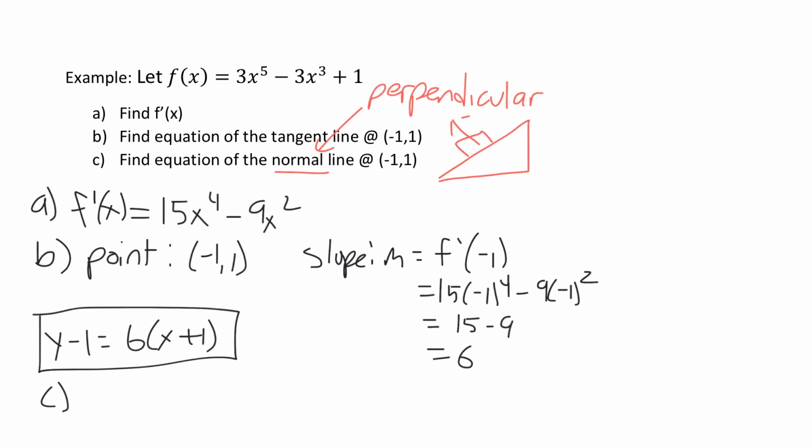Now to find the normal, we need to find the perpendicular. And to find the perpendicular, we need to remember how in the world that works. Well, there's actually a formula for it. If you want to find the perpendicular slope, it's always just going to be the negative reciprocal. So whatever you had as your slope here, 6 for the tangent line, the normal line is just going to be the negative of this and then the reciprocal.